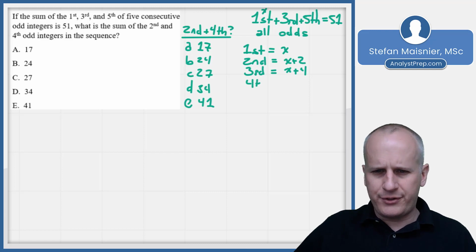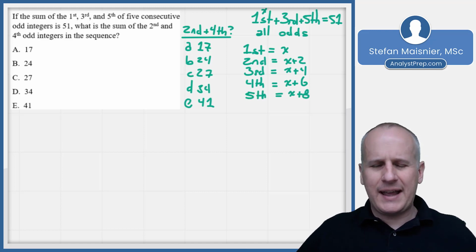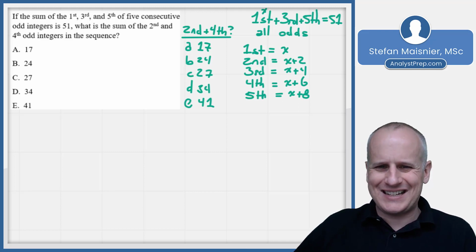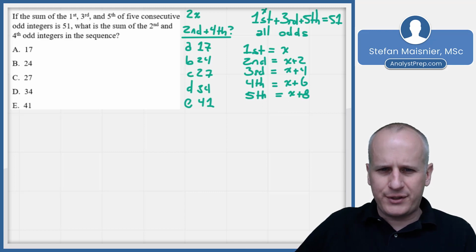Then we've got fourth is going to be equal to x plus 6, and fifth is going to be equal to x plus 8. And we always want to focus on what we're being asked for first. So I can see that the second is going to be x plus 2, and we're going to add that to x plus 6. So x plus x means the second plus the fourth is equal to 2x plus 8.